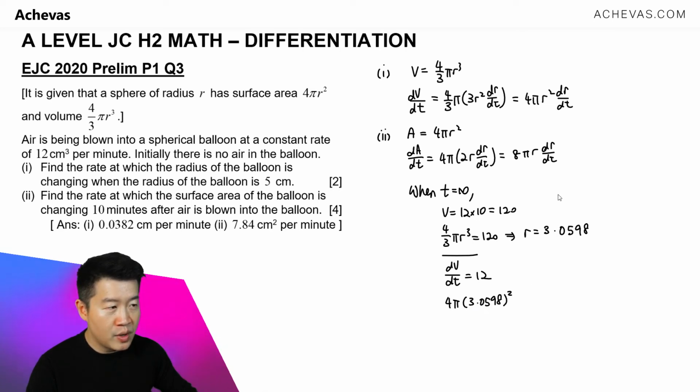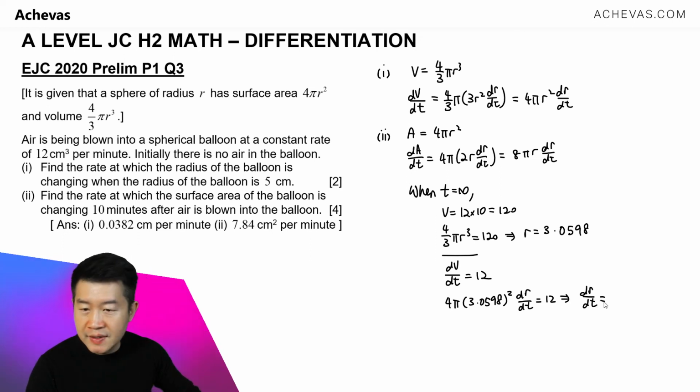So it is this squared multiplied by dr/dt, which we are actually trying to find. This is equal to 12. So if you were to find dr/dt, in this case, 0.10200.